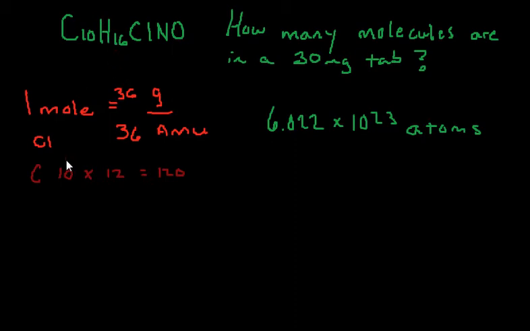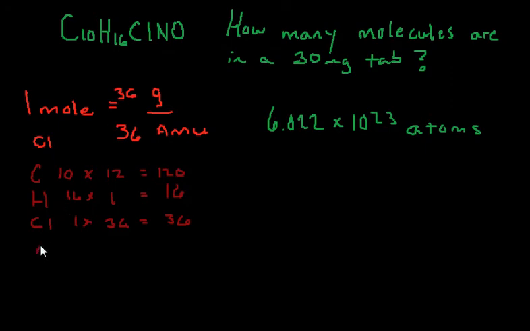Hydrogen: we have 16 atoms with an atomic mass of 1, so that gives us 16. Chlorine: we have 1 atom with an atomic mass of 36, so that gives us 36.